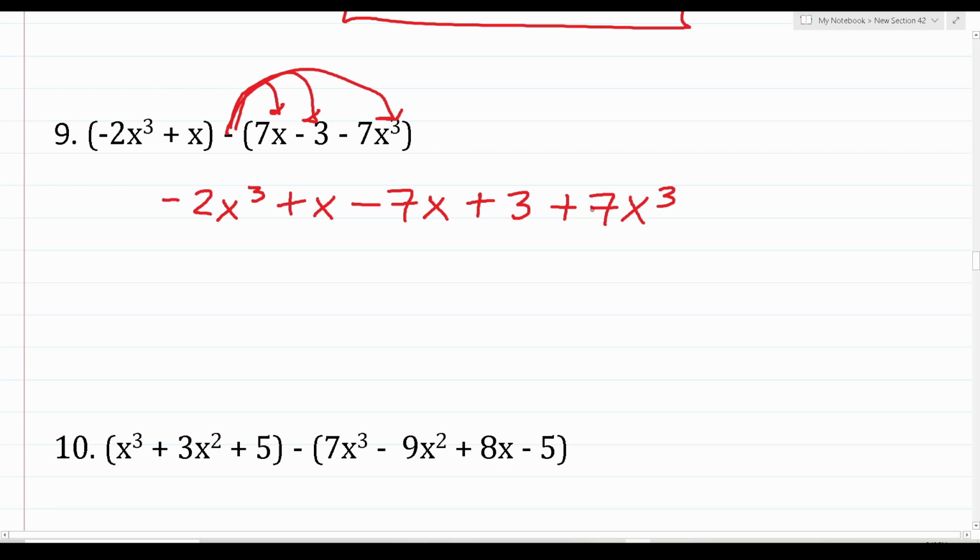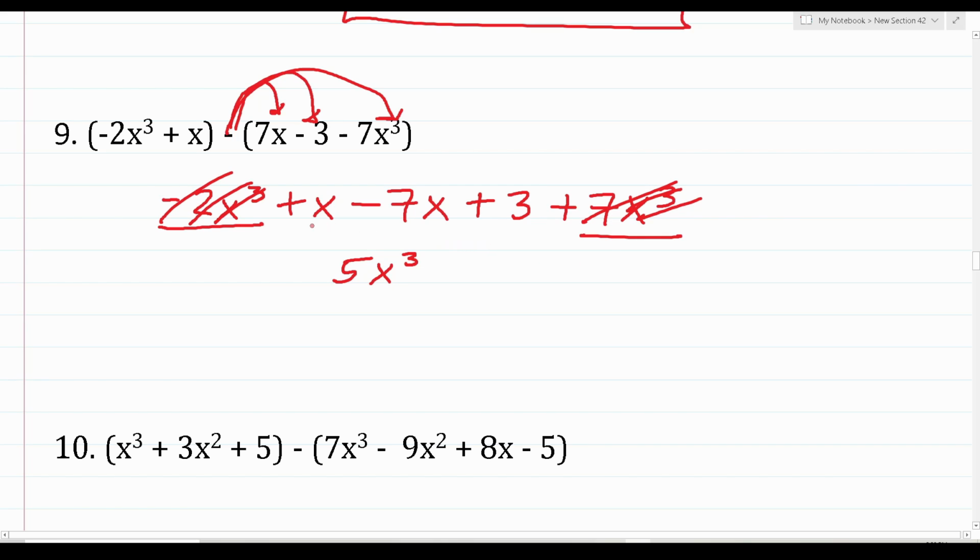Now that we've distributed that negative and dropped our second set of parentheses, let's go ahead and start combining some like terms here. So we have negative 2x to the third there and 7x to the third there. Let's combine them to be 5x to the third. We can cross these out.